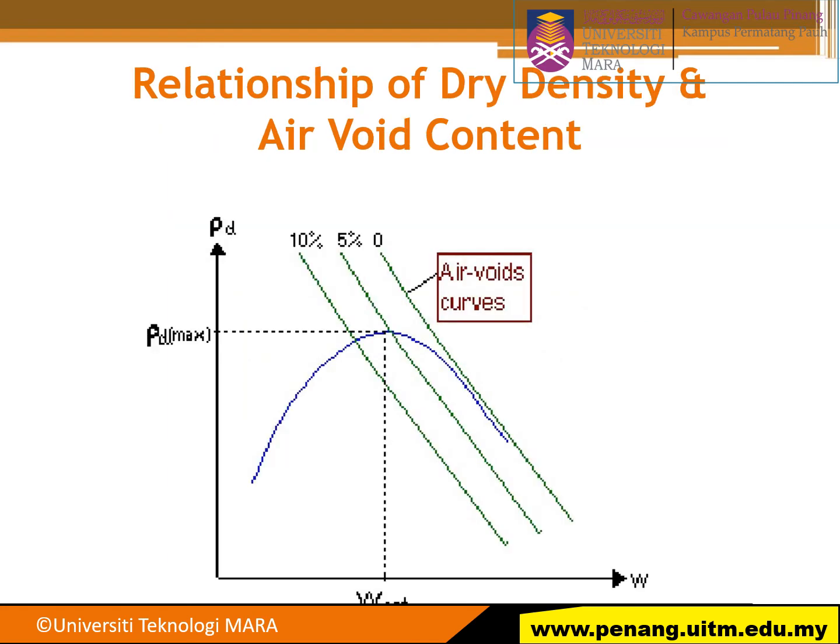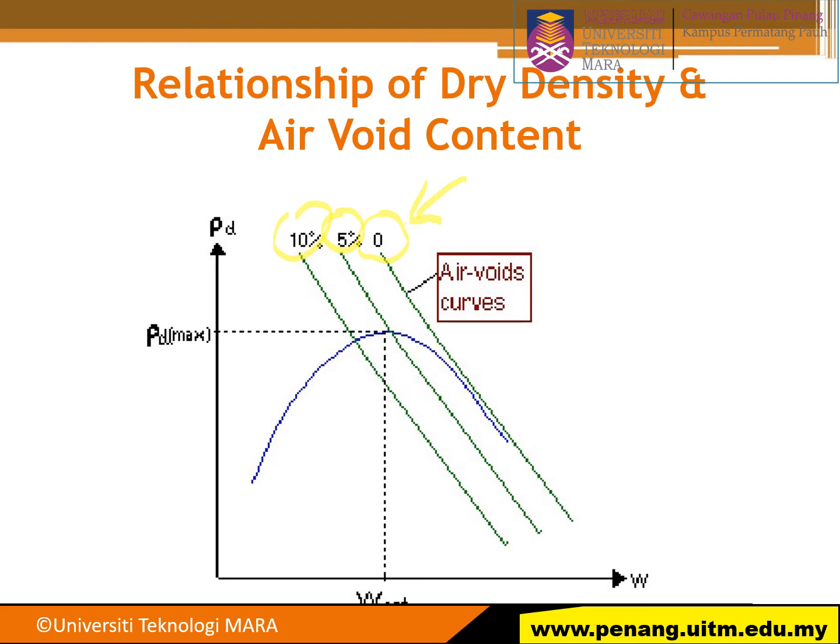Alright guys, for air void content, we may have 0%, 5% or 10%. After you draw the rho dry versus moisture content, you will get this blue curve, and then sometimes you have to calculate the value of air void content. You have to plot the air void curve for 0%, 5% and 10%. If you notice here, for the 0%, the air void curve is actually a curve, it's not a straight line.